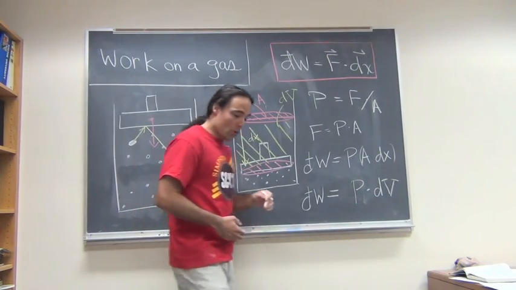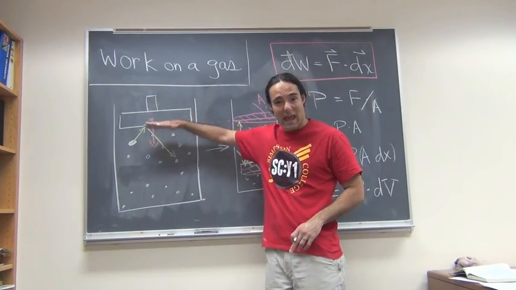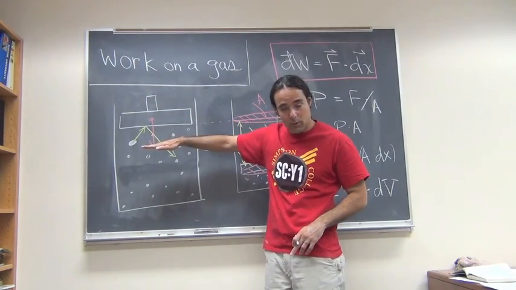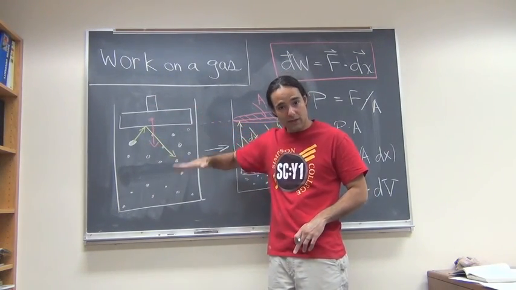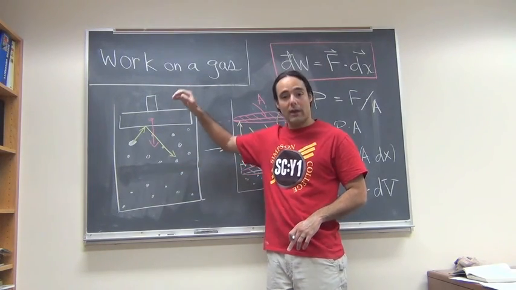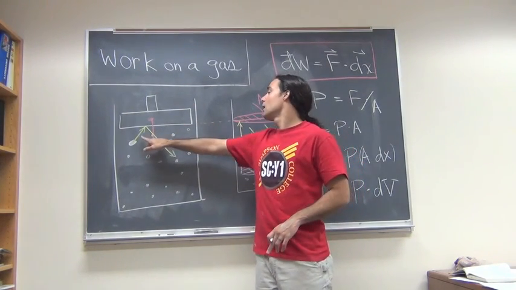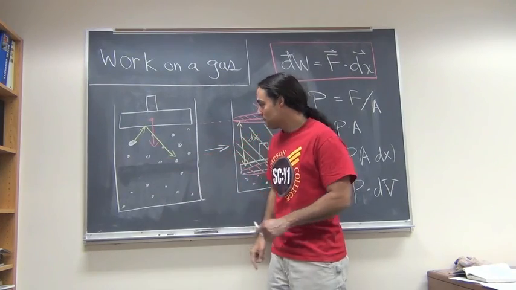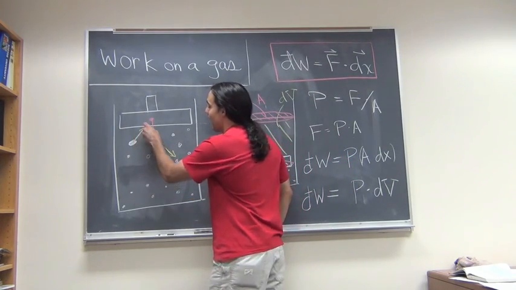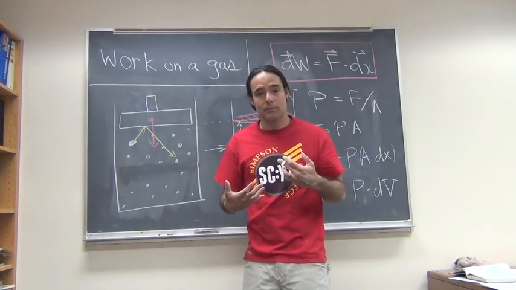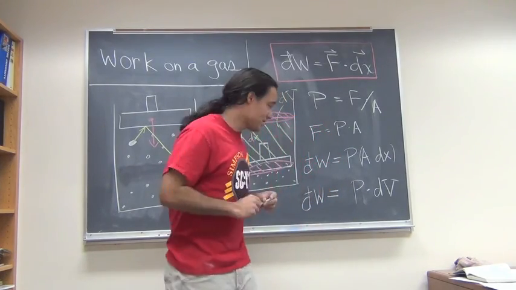And we know that if I'm pushing my piston down, so if I'm decreasing my volume, if dV is less than 0, so I have a negative change in the volume, then what's going to happen is my internal energy has to go up. So I actually need a negative sign here.